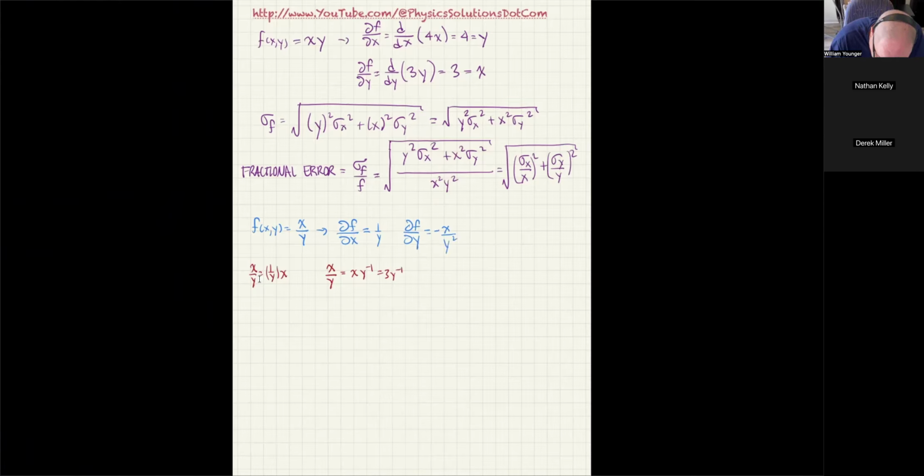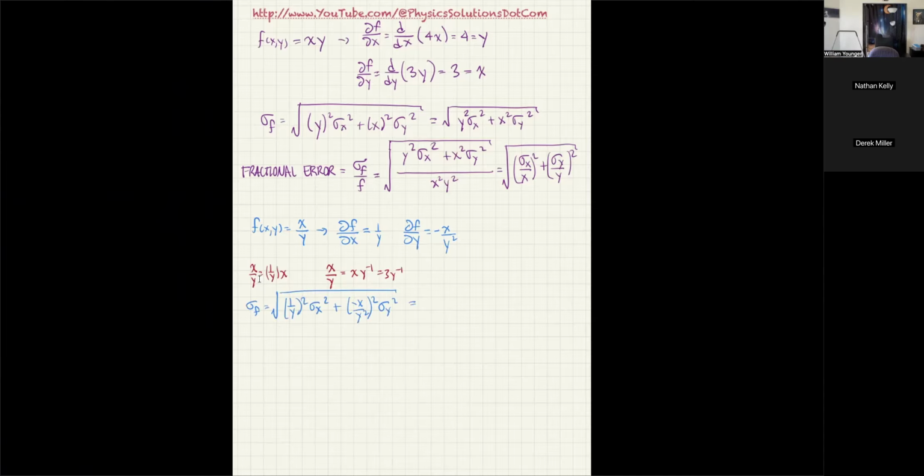Now I can compute the fractional uncertainty, actually I'll start off with the regular uncertainty and then I'll calculate the fractional uncertainty. The regular uncertainty is the square root of 1 over y squared sigma x squared plus negative x over y squared, squared, sigma y squared.